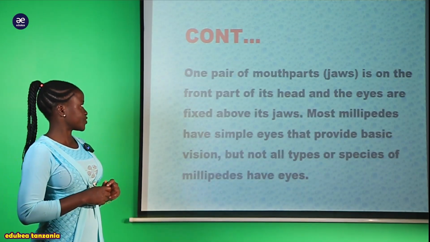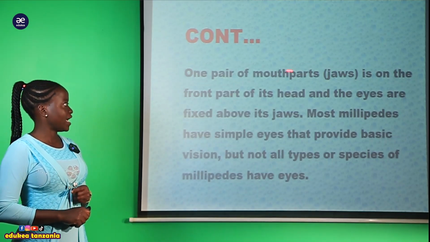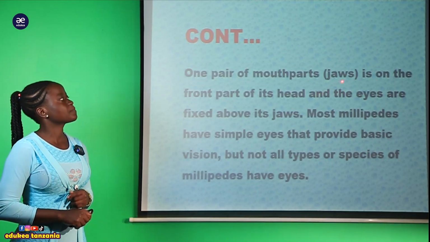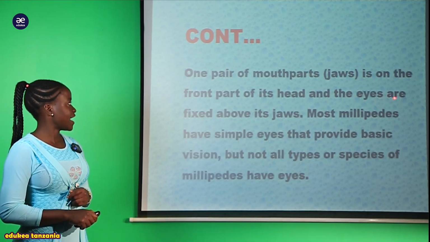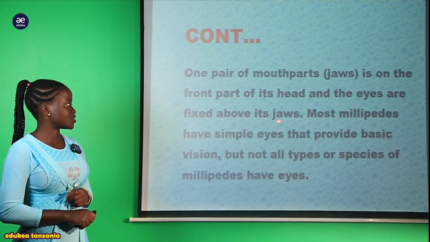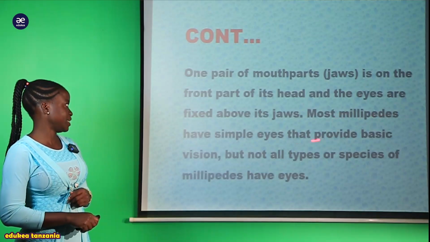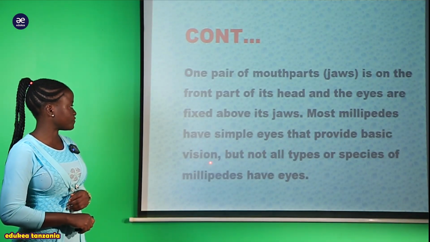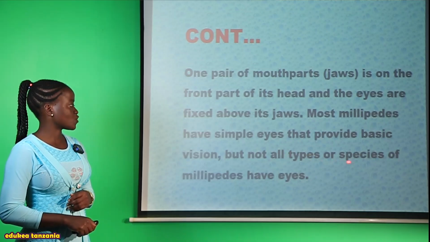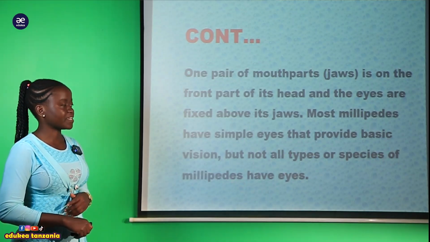And also, my students, we can say that one pair of mouth parts, that is jaws, is on the front part of their head, and the eyes are fixed above its jaws. So most millipedes have simple eyes that provide basic vision, but not all types of species of millipede have the eyes.